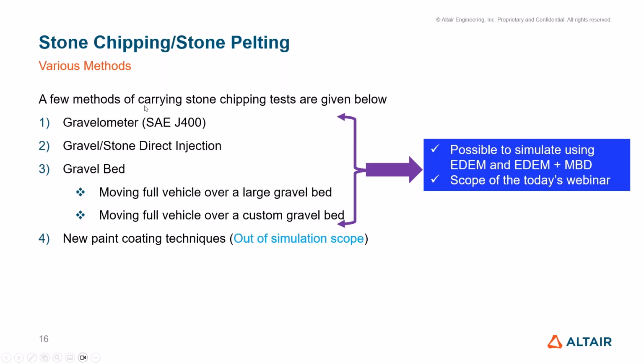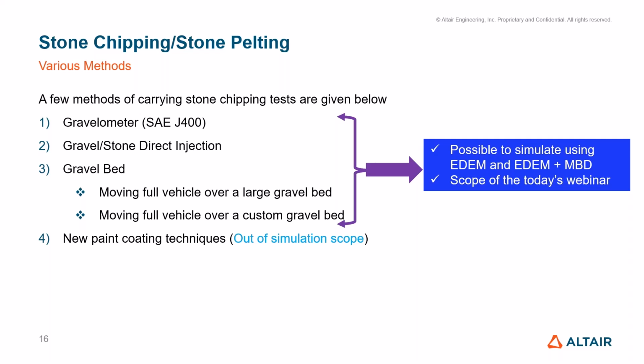In total we have 4 methods available to perform stone chipping. One is the gravelometer, based on the SAE J400 standard. The second is injecting the gravel directly onto the vehicle underbody from the tire. The third is moving a full vehicle over a large gravel bed or a small custom gravel bed. It depends on the customer requirement or the OEM standards.